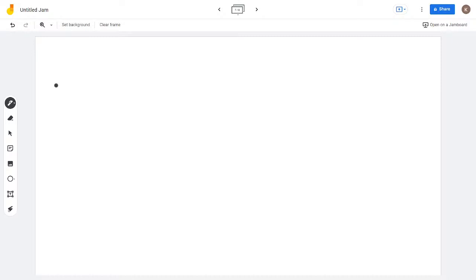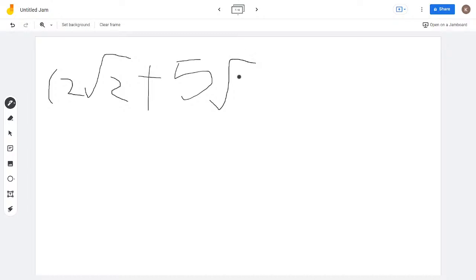So first we will write it like this: in a bracket, 2 root 2 plus 5 root 3, plus the second number, root 2 minus 3 root 3.